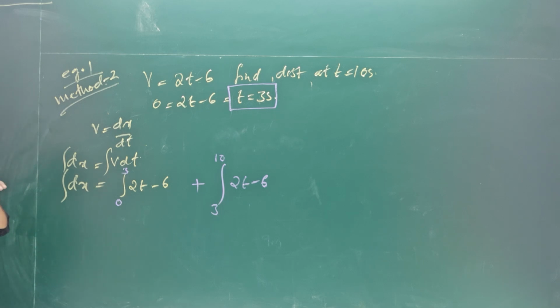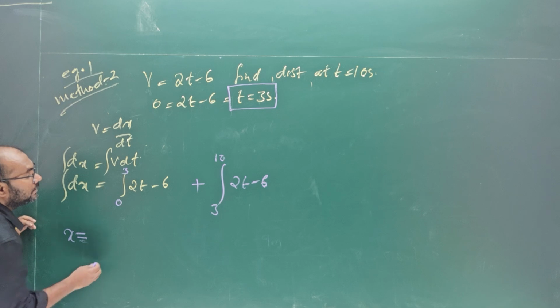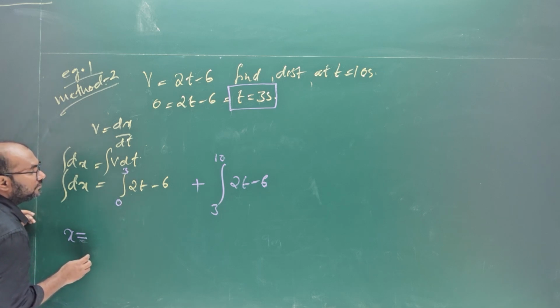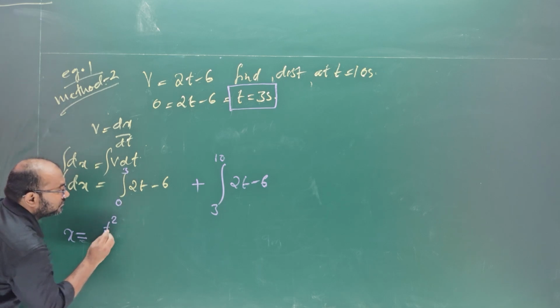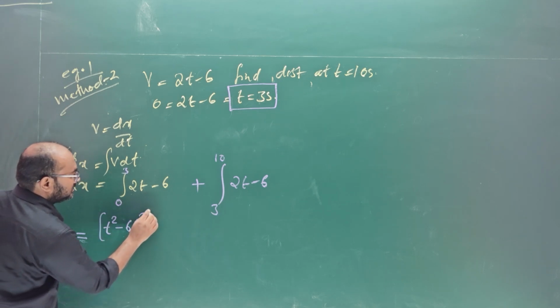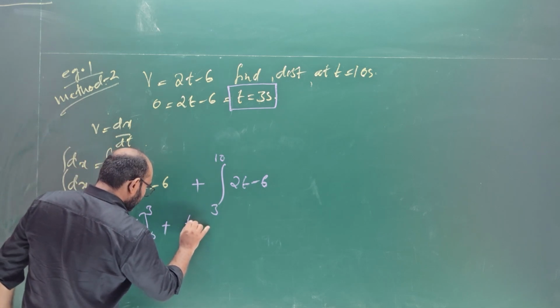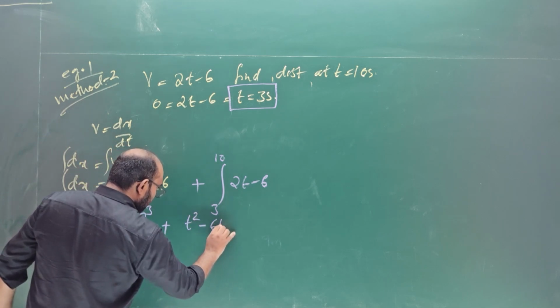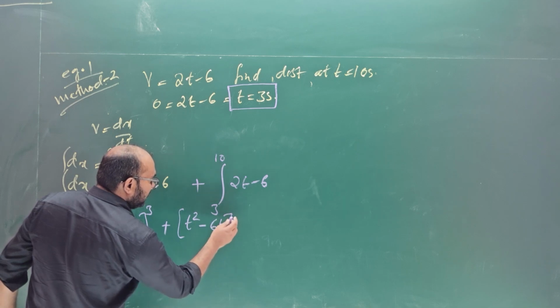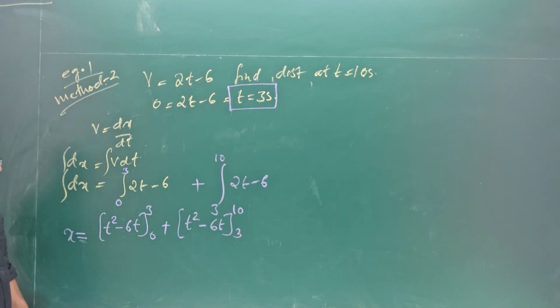Now, x is equal to the integration of 2t, which becomes t square minus 6t, applying the limits, upper limit is 3, lower limit is 0, plus again the same, t square minus 6t, upper limit is 10, lower limit is 3.